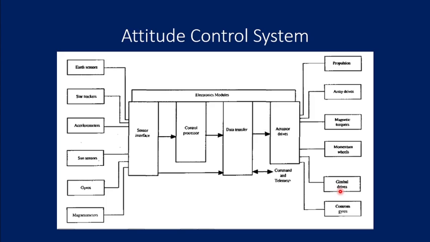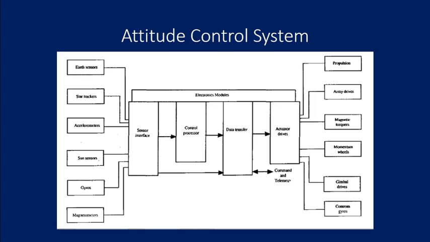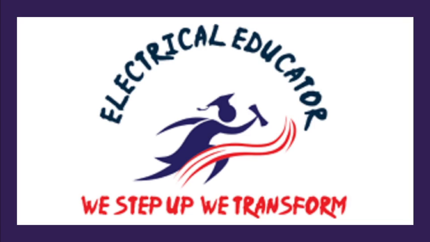And also we have control gyros, where for each and every movement given by the gyro, an opposing movement is created by these control gyros in order to come back to the original position. So these are the different components in the attitude control system, and this is the overall architecture of the spacecraft. So that's all we have for today.